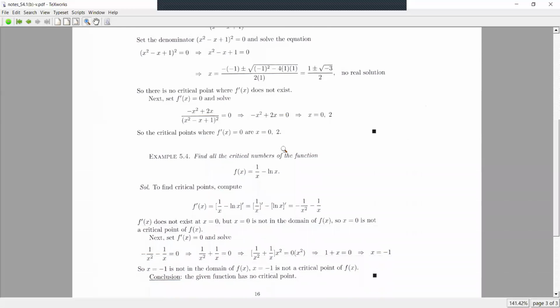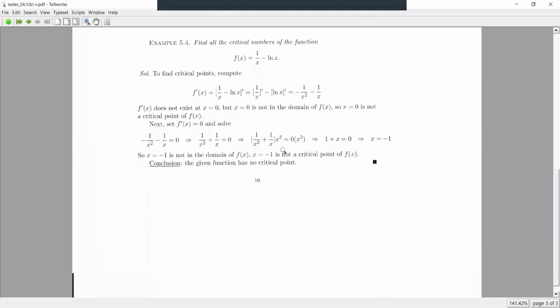Example number 4 today. Find all the critical points of this function. Okay. Now compute derivative first. Take derivative of the function. By difference rule, the function is a difference, 1 over x minus natural log of x.